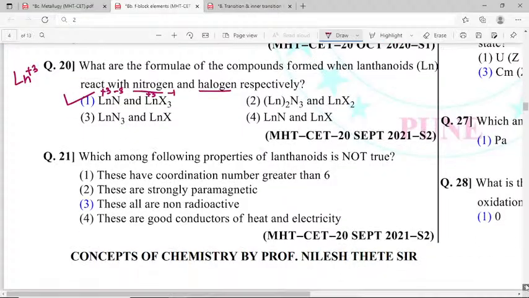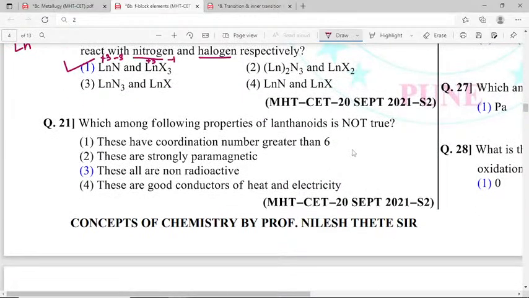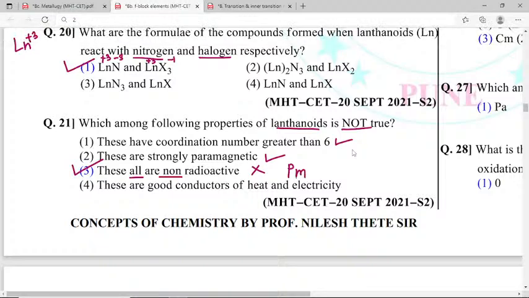Which among the following properties of lanthanoids is not true? These have coordination number greater than 6, correct. These are strongly paramagnetic, correct. These are all non-radioactive? No, it is not true. The exception is Pm, promethium, which shows radioactivity.